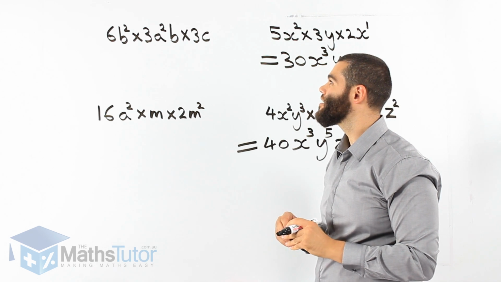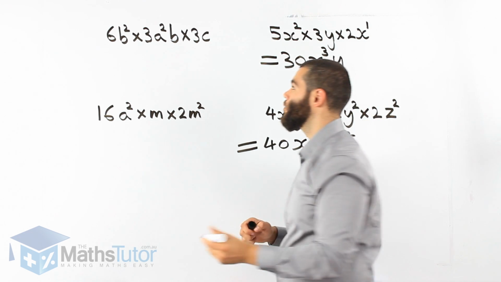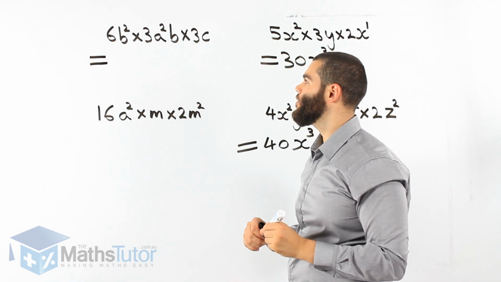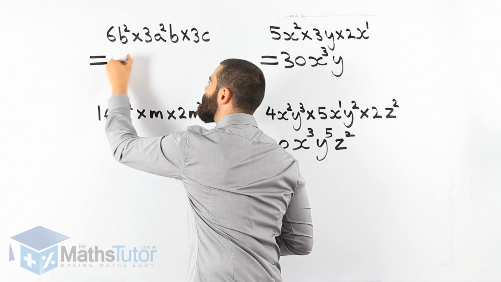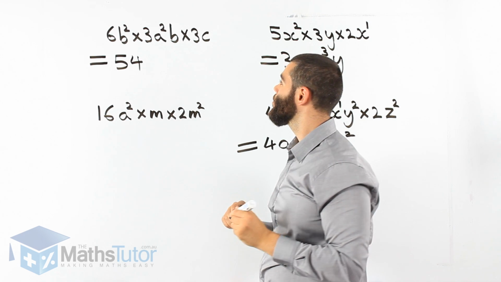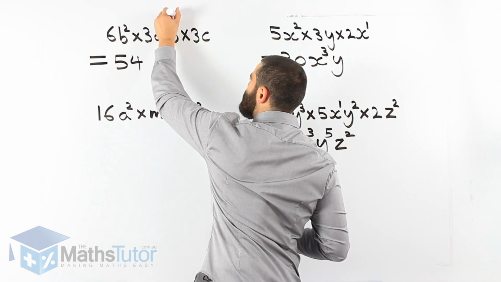6b squared times 3a squared b times 3c. We work them out. We write down our numerals first. 6 times 3 times 3, 54. And then we work with our pronumerals. b squared times, there's another b here. We know there's an invisible 1.